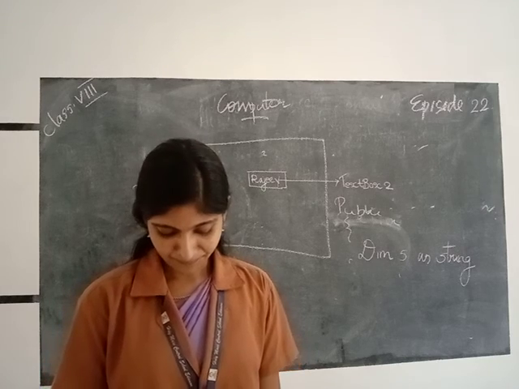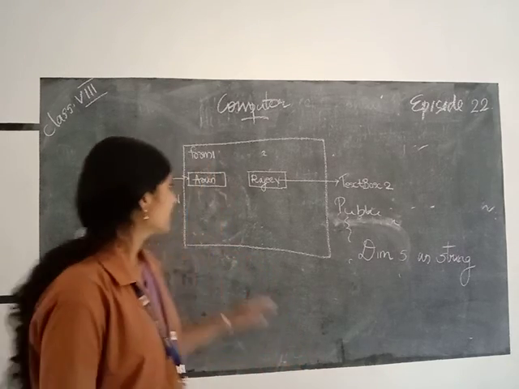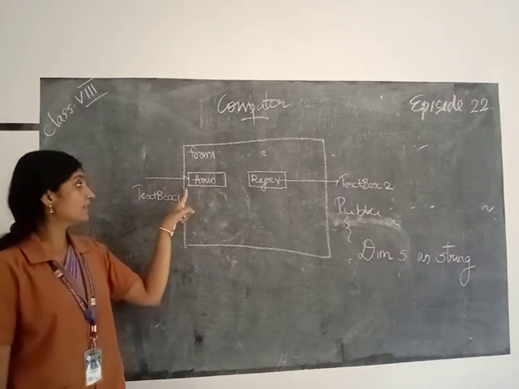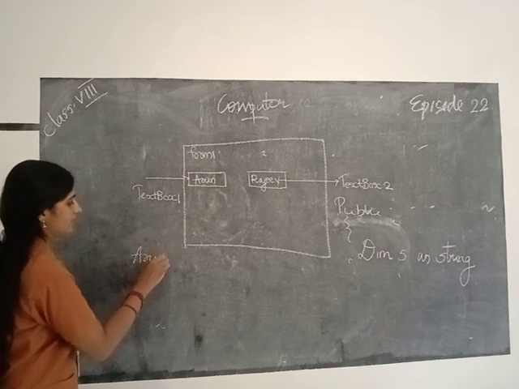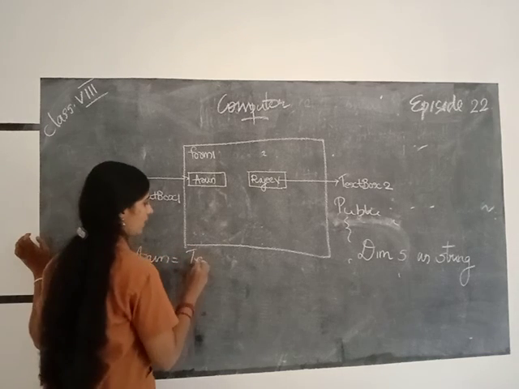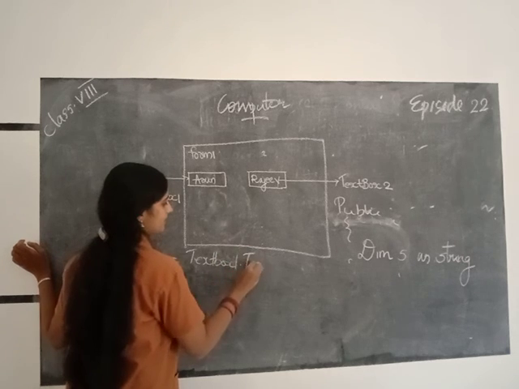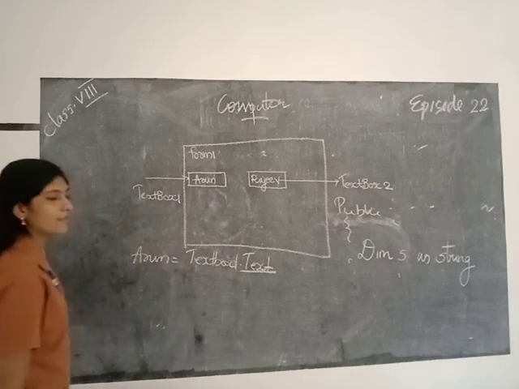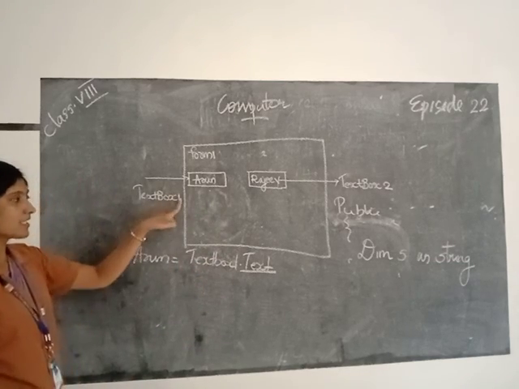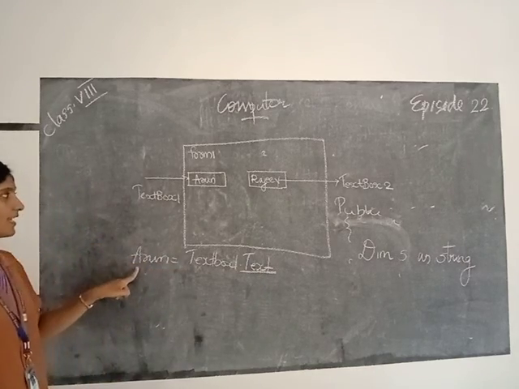Then next, TextBox1.Text. So what is TextBox1.Text? Arun. So Arun is in TextBox1.Text. Here .Text means the value which is inside the text box 1. What is the value?